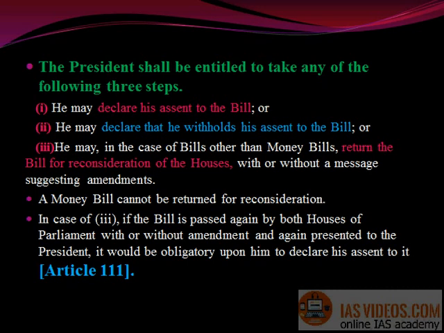He may declare his assent to the bill, or he may declare that he withholds his assent to the bill, or he may, in the case of bills other than money bills, return the bill for reconsideration of the Houses, with or without a message suggesting amendments. A money bill cannot be returned for reconsideration.